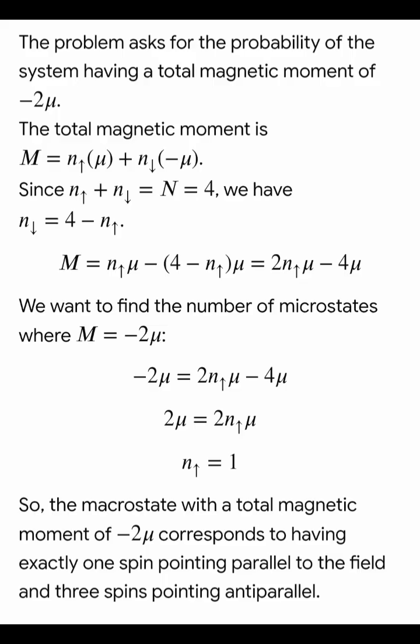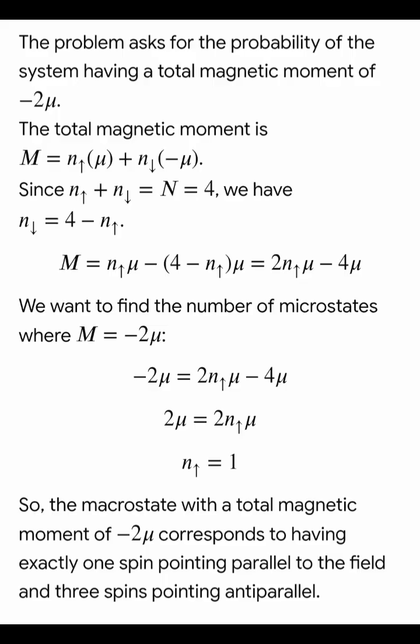The total magnetic moment M = n_up μ + n_down (−μ). Capital N = n_up + n_down, which is equal to 4. Therefore, n_down = 4 − n_up. That is, M = n_up μ − (4 − n_up) μ, and this is equal to 2 n_up μ − 4μ.